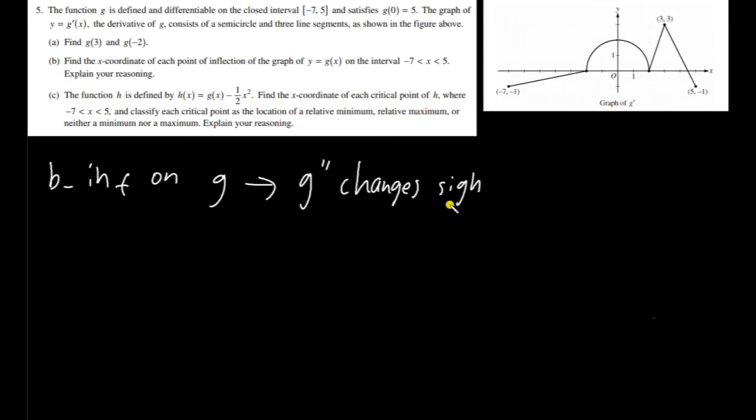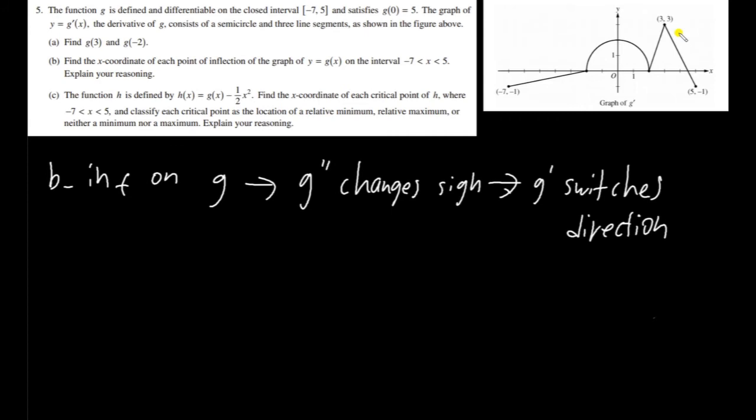Well, if g double prime switches sign, that must mean that g prime switches direction. You could also go directly from the fact that if there's an inflection point on g, then g prime switches direction, but my mind goes through this thought process. Okay, so either way, you come to the conclusion that you need to figure out where g prime switches direction, because that'll tell you where there's an inflection point on g.